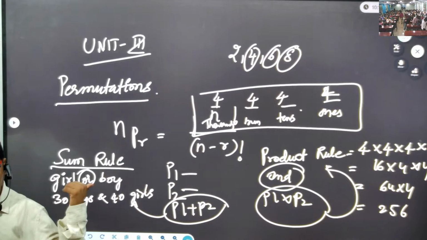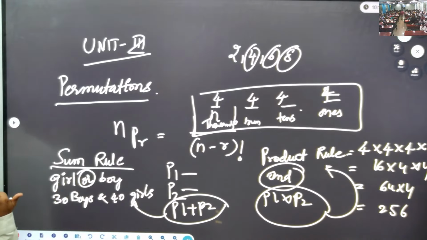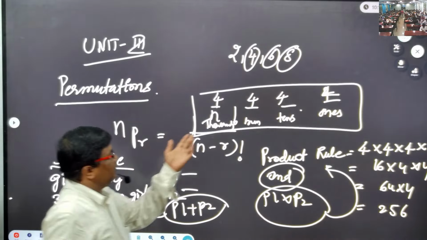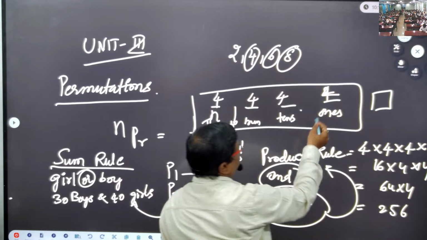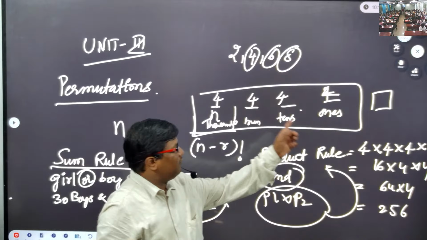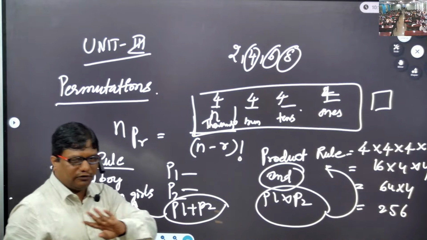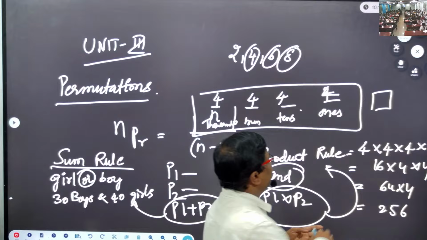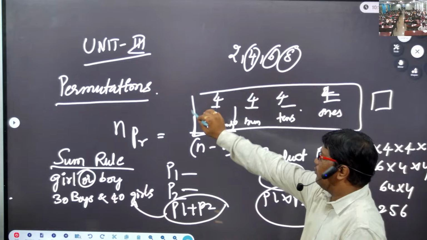Right? So you can represent the 4 different numbers either in boxes or with dash lines. So represent them as ones, tens, hundreds, thousands, right? And you understood what is the position of each and every element. That is 4 times, 4 times, 4 times and 4 times.